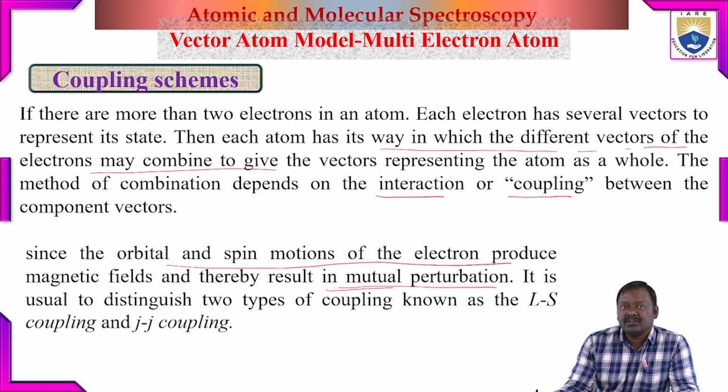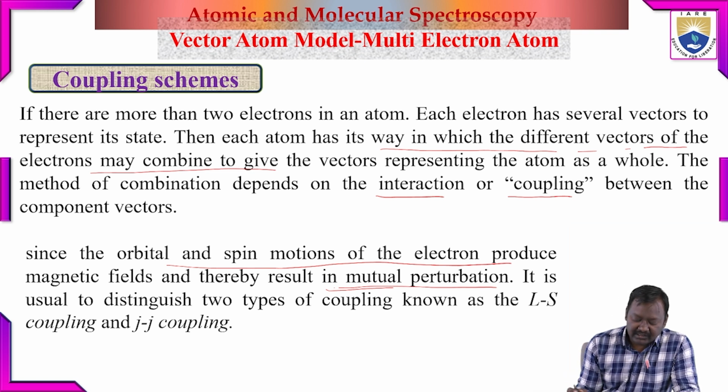Based on the value or magnitude of the orbital angular momentum or spin angular momentum, there could be different mutual perturbations. Generally, these perturbations, what we say coupling, can be distinguished into two types. These are the general types.